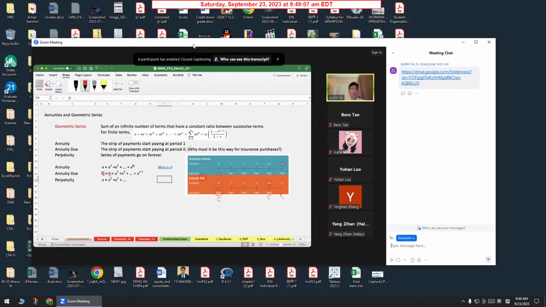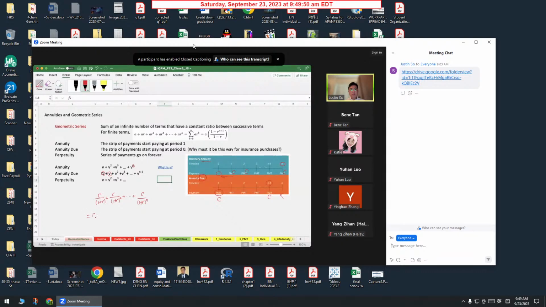You just need to discount all these C's all the way to the present time. Bring it down here. So what we did is C over 1 plus r. Next one was C over 1 plus r squared. On the way, see the last term, 1 plus r to the n.